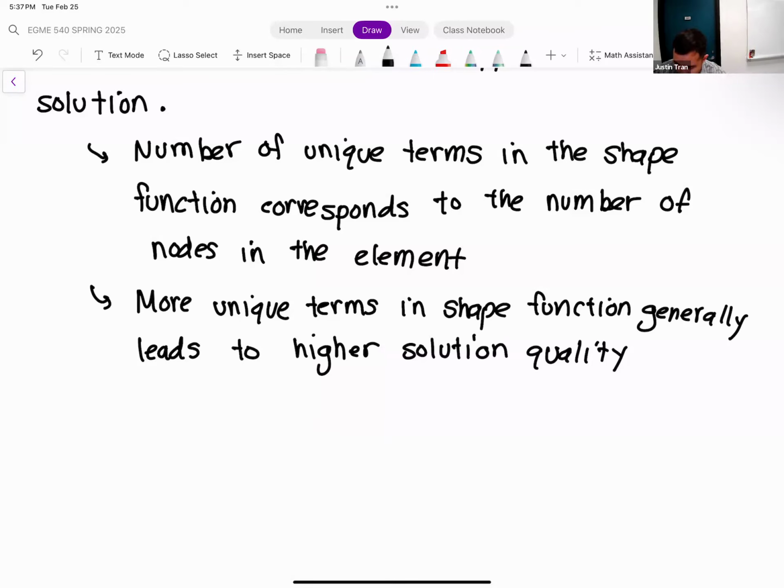So for example, one thing that we discussed, especially in comparing the triangular element to the quadrilateral element, was that the quadrilateral element had the presence of what we call a cross term or a pseudo-linear term.